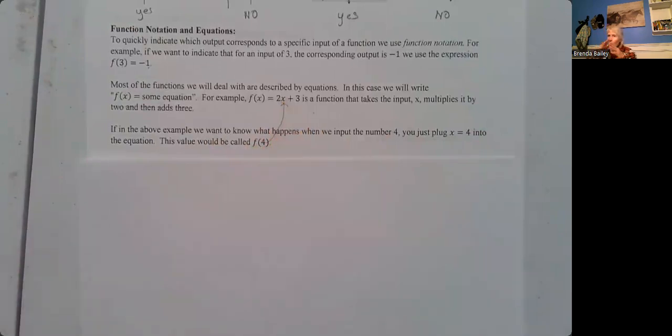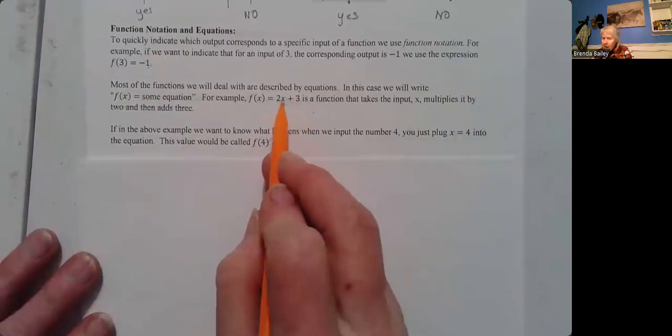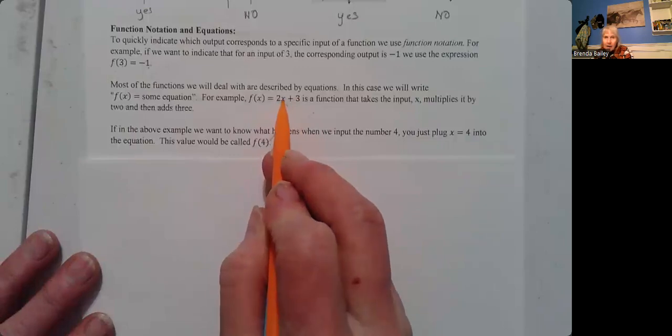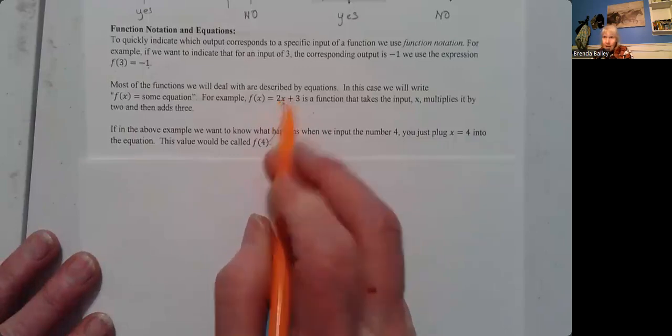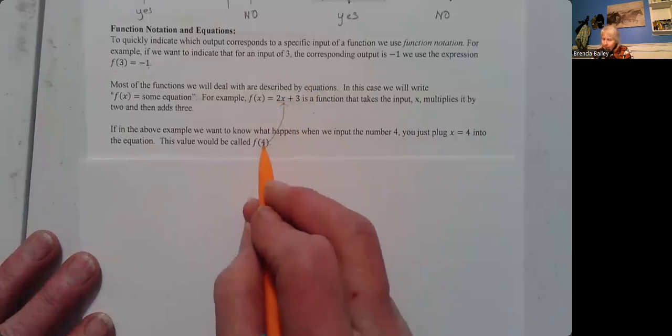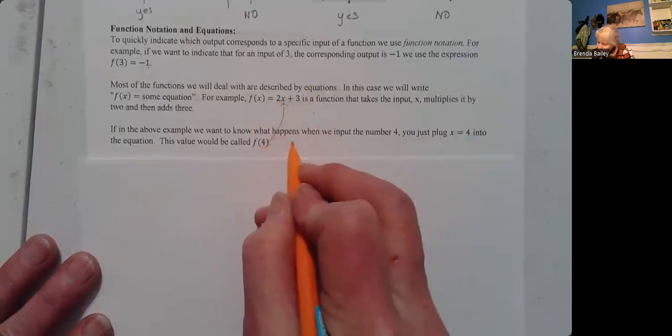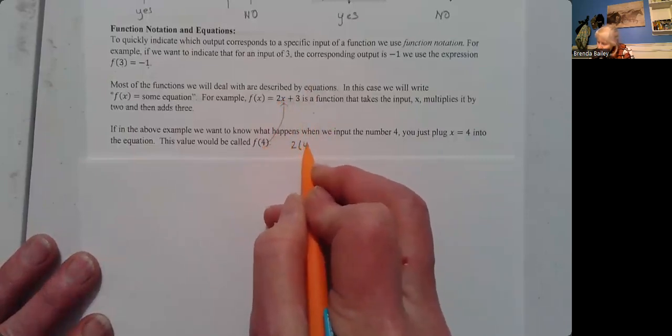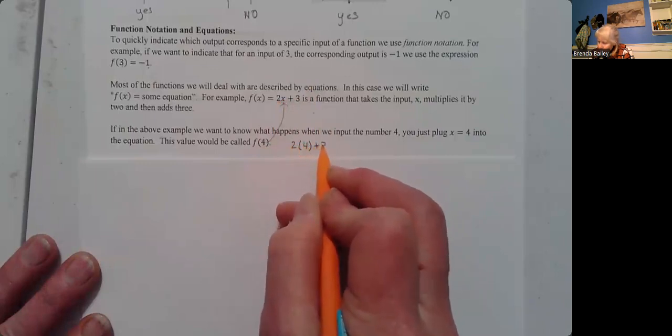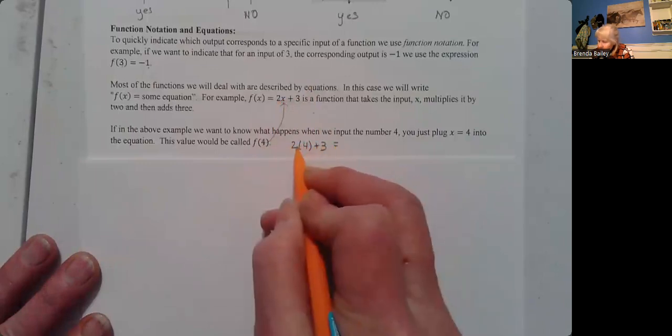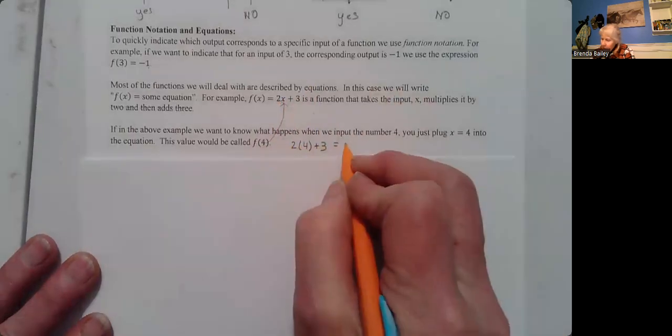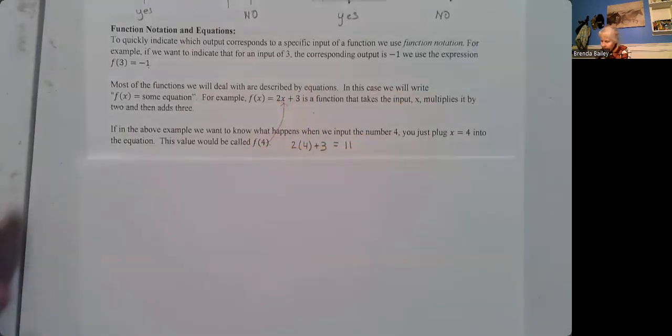So no matter what x's you have over here, you could have like 2x squared plus 5x plus 3, all the x's become a 4. You would have 2 times 4 plus 3. And you get 8 plus 3. Oh, so we get 11. Perfect. So f of 4 equals 11.